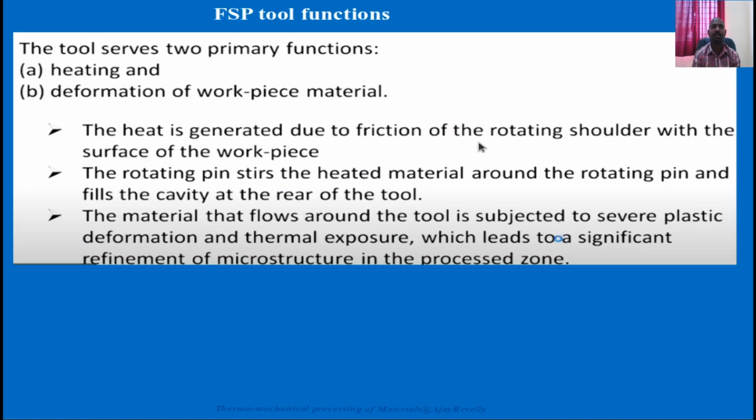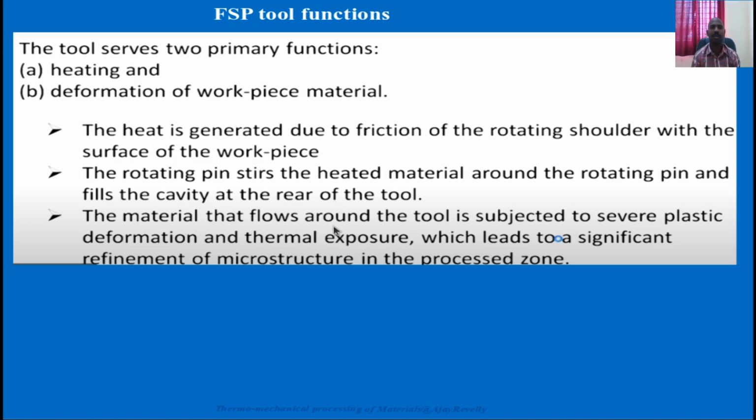Now let us know about the FSP tool functions. The tool mainly serves two primary functions. One is to provide the heat. The heat is achieved by the friction generated between the shoulder and workpiece. That is how the heat is generated. The other is deformation of the workpiece material.